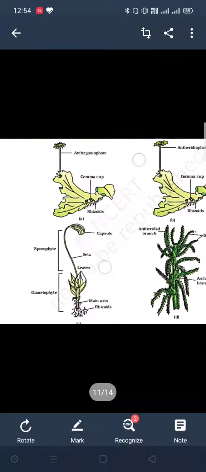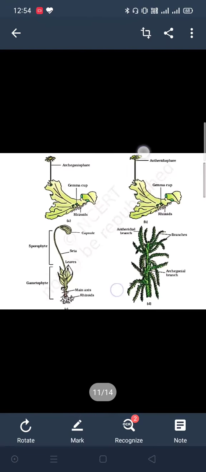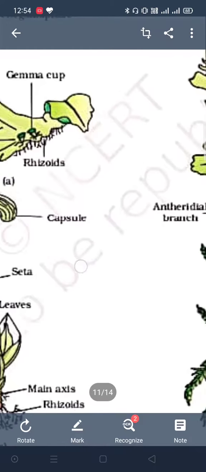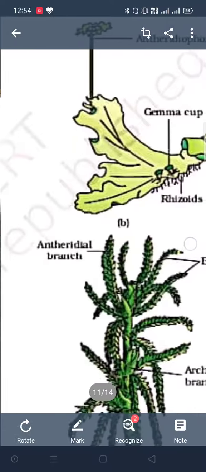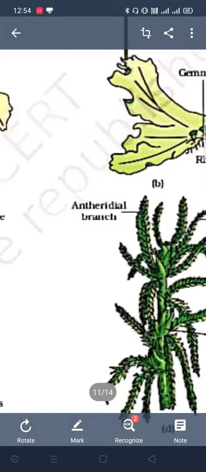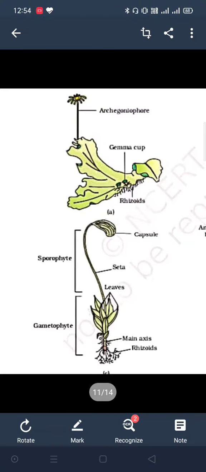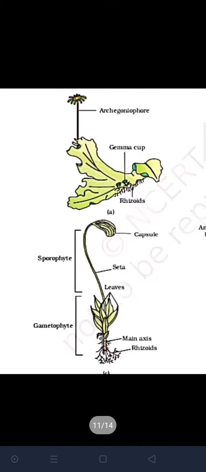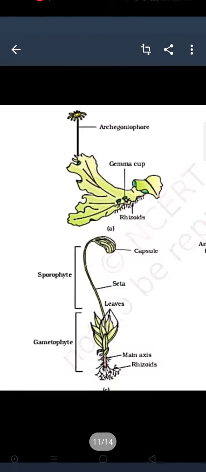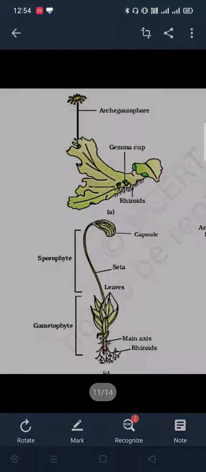Look, this is the picture of the bryophytes having rhizoids, which are used for attachment to the substratum, and gemma cups containing gemmae.